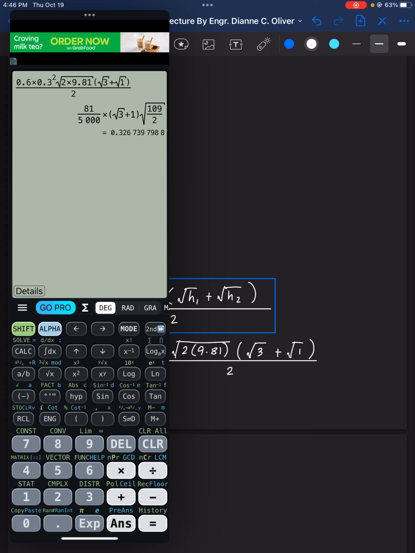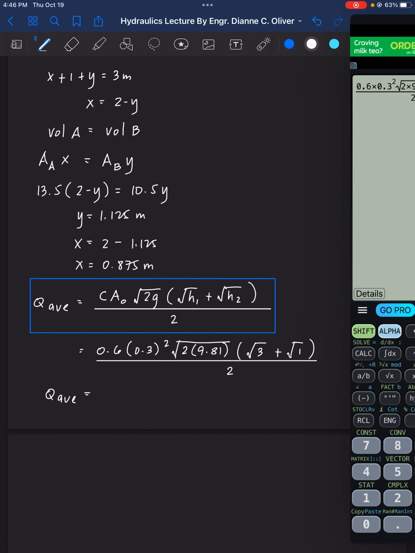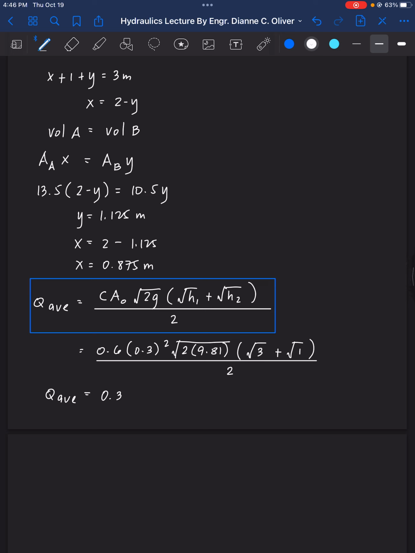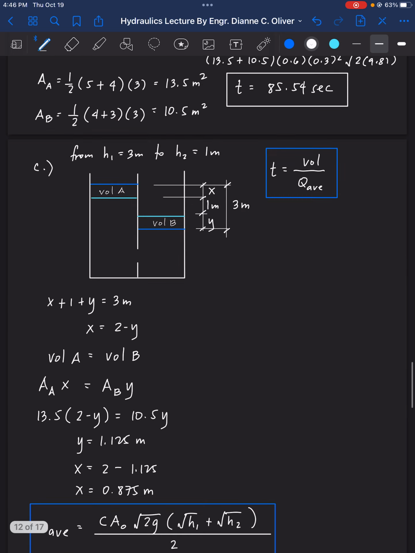So Q average is 0.33 cubic meter per second.